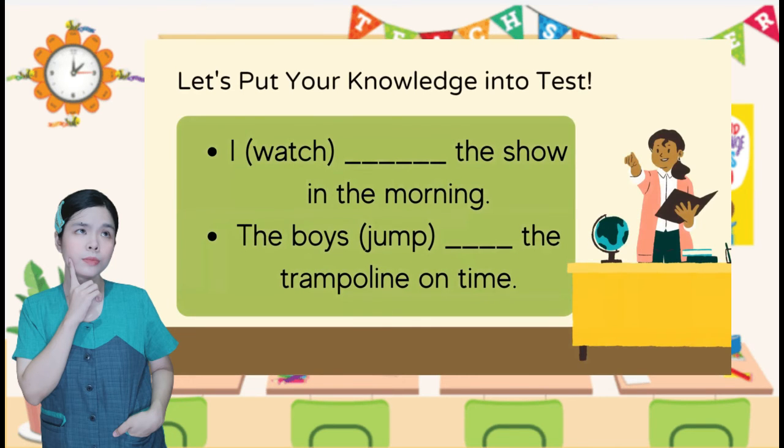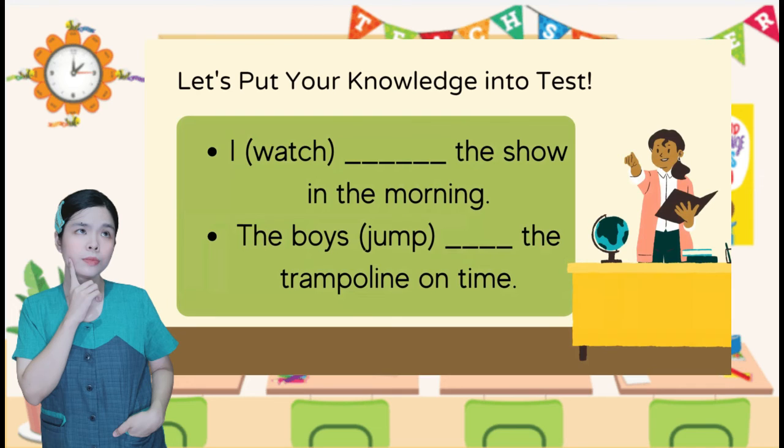Let's put your knowledge to the test. For example: I blank the show in the morning. The verb here is watch. What is the answer? Very good. I shall watch the show in the morning. Good job. The next one: the boys blank the trampoline on time.